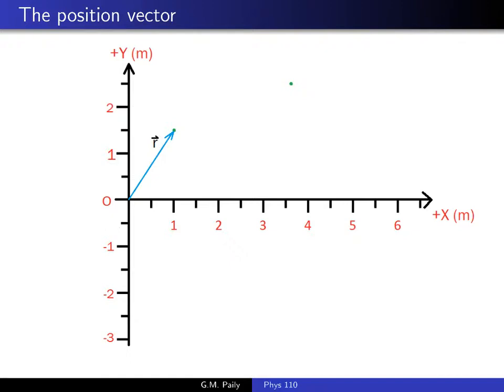Suppose this object is moving. Then at the initial time, say it was over here, and at some later time, it was over here. So we can talk about the position vector at time 1 and the position vector at time 2.